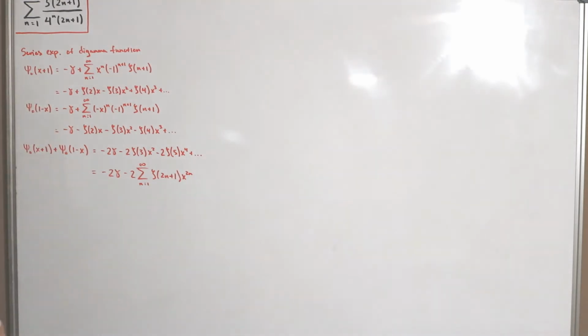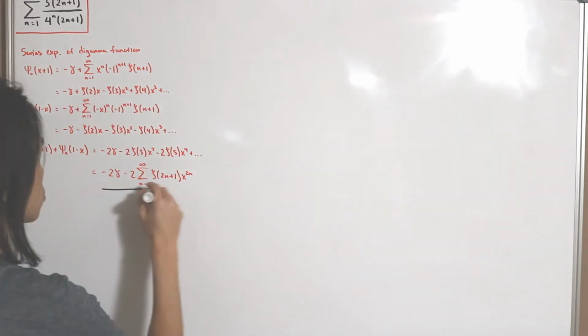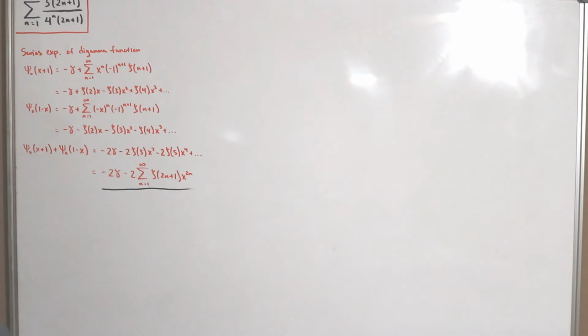Okay, so far so good. Let me just underline what we have so far: negative 2 gamma minus 2 times the infinite series of Riemann-Zeta 2n plus 1 multiplied by x to the 2n.